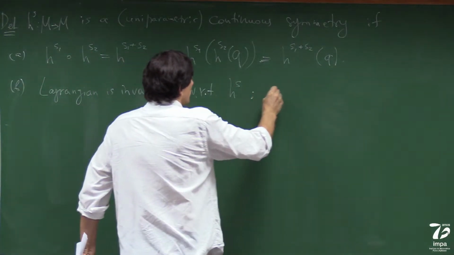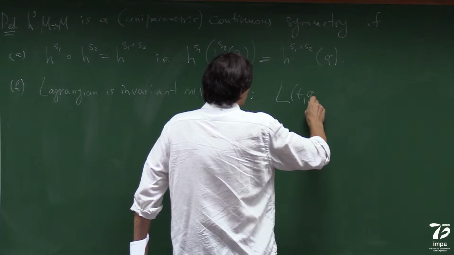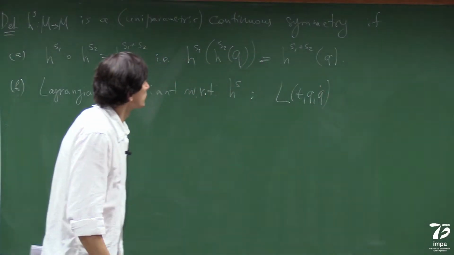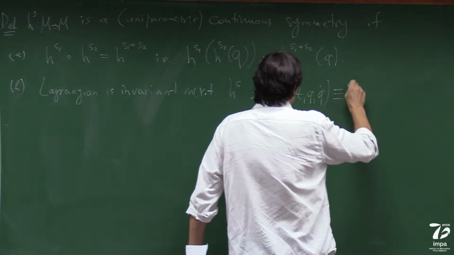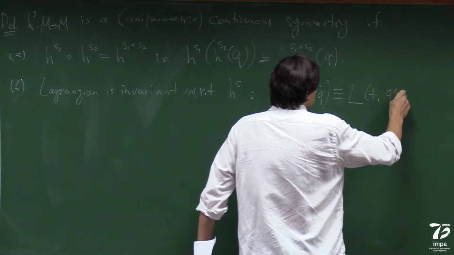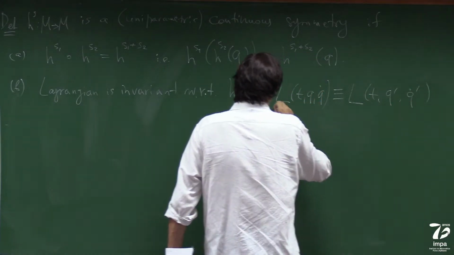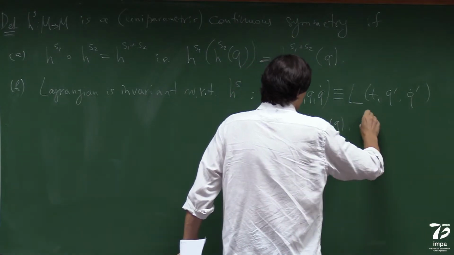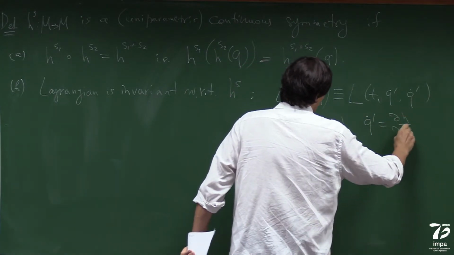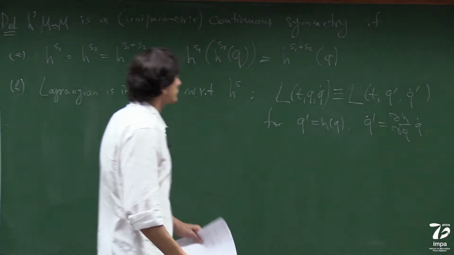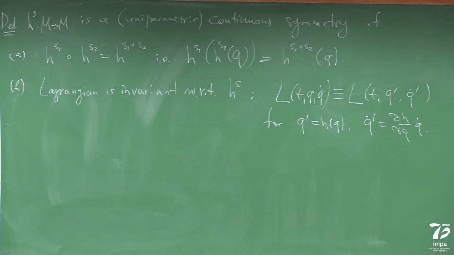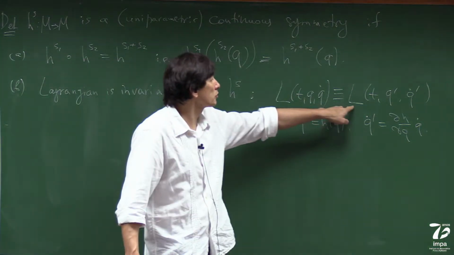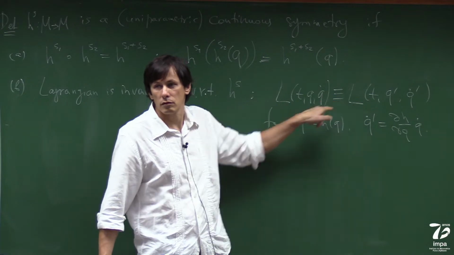So it means that the Lagrangian function with the original coordinates is the same as the same Lagrangian function written in new coordinates. So what it means is that when we change coordinates, we get a new Lagrangian, and this means that after changing coordinates, you don't change the function. It's just the same function.